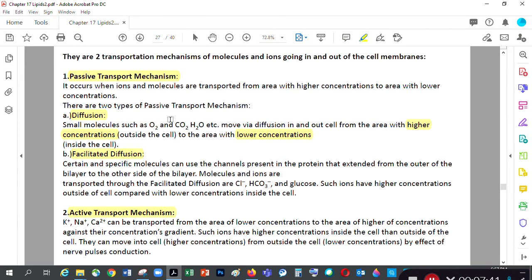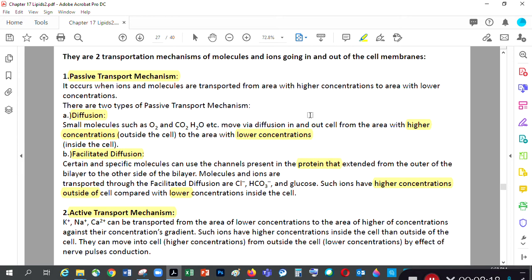Now, how about if you have larger molecules, larger ions? What will we do then? Well, luckily we have these proteins with specific channels. They really facilitate this diffusion. So certain specific molecules such as chloride ion, bicarbonate ion, glucose, those are larger, so they go from higher concentration, the same as osmosis, correct, outside the cell to lower concentration, and the move will be facilitated by the proteins.